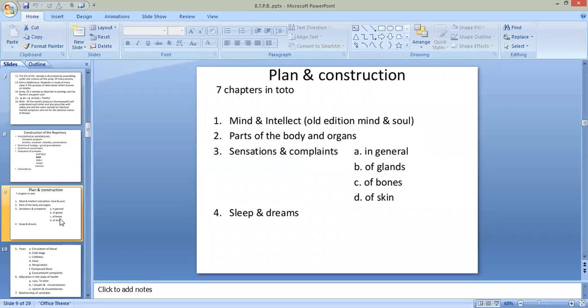As we discussed during construction of Kent repertory, the book has 3 parts: the prefix part, then the repertory proper, and then the suffix part.